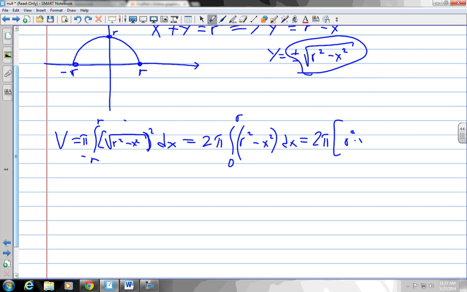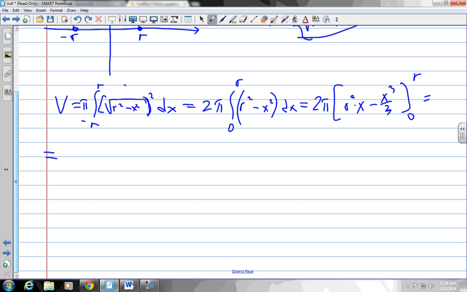So it's r squared x minus x cubed over 3, from 0 to r. So we get 2 pi, and then what? r cubed minus r cubed over 3. And then 0 is 0.